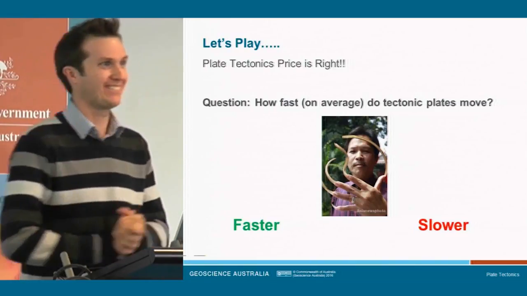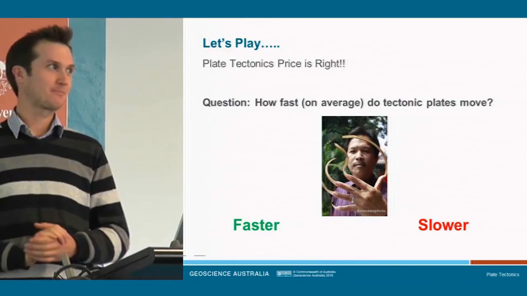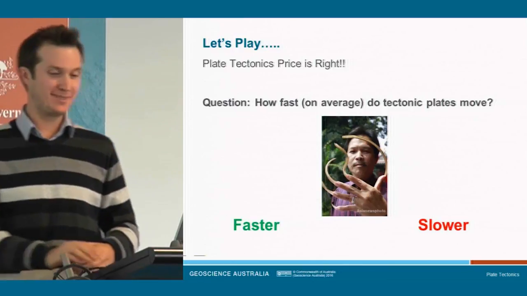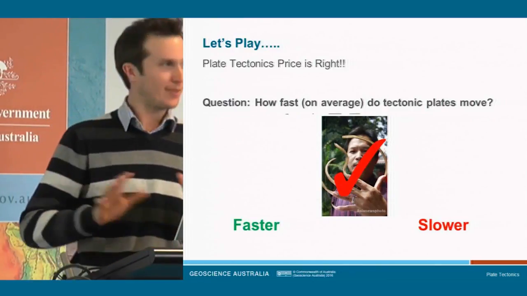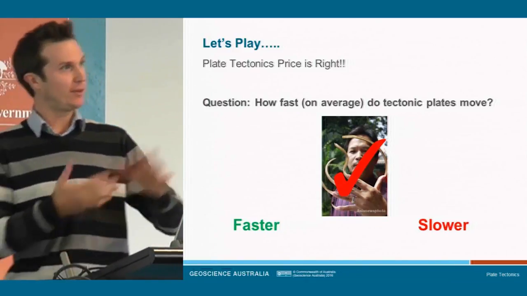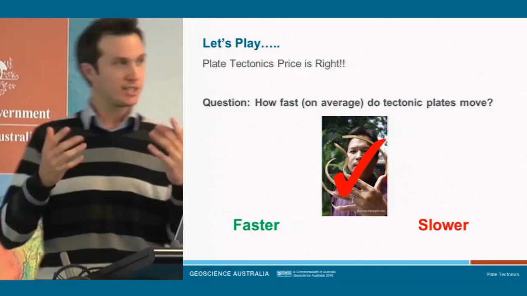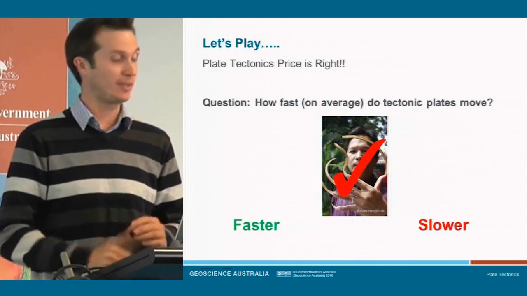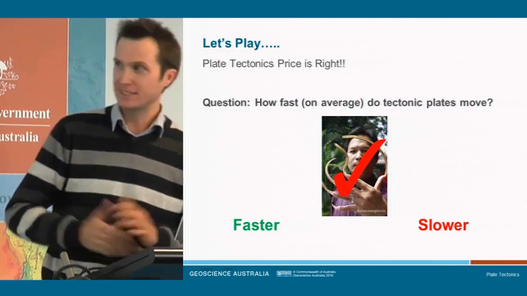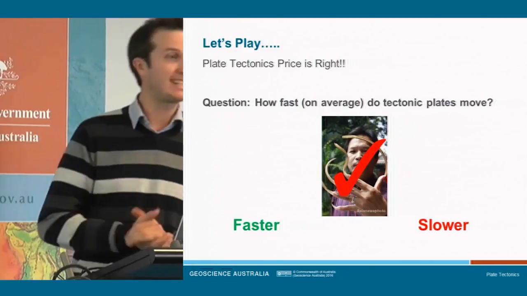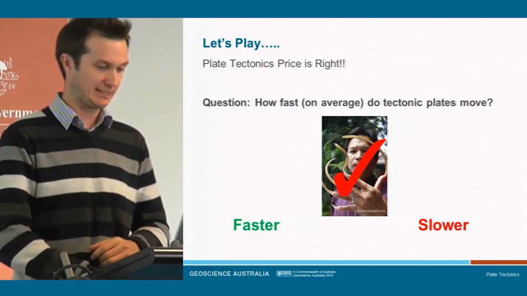Faster or slower? Yeah, that's pretty much 50-50, and it's actually around the speed that plates move. Some are a bit faster, some are a bit slower, but in general, how fast your fingernails grow is about how fast most tectonic plates move. That's around 4 centimeters a year. It varies between about 2 and 10 centimeters a year for tectonic plates.